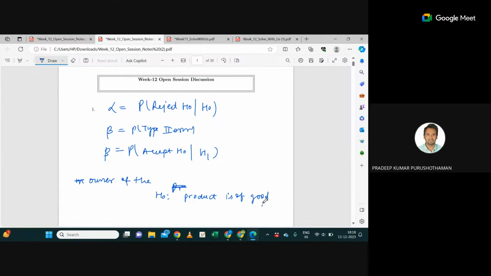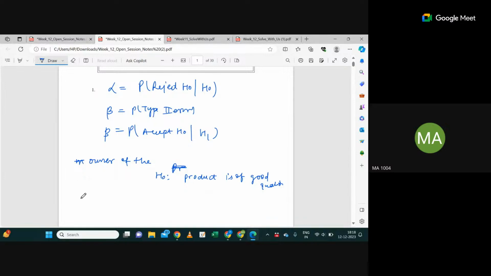Then alpha will be the probability that you are rejecting that item or product even though it is of good quality. That is how I can use alpha and beta in a real scenario.